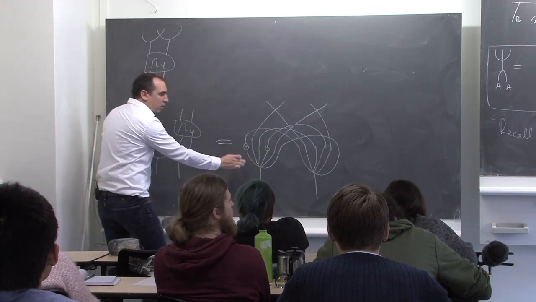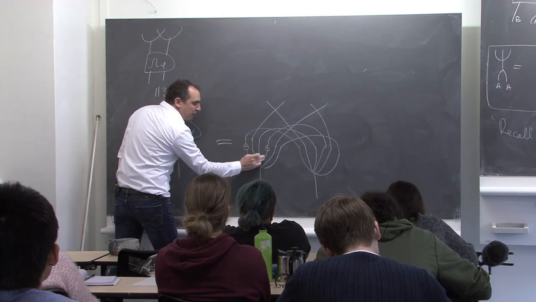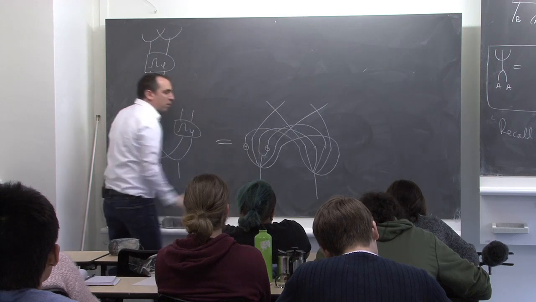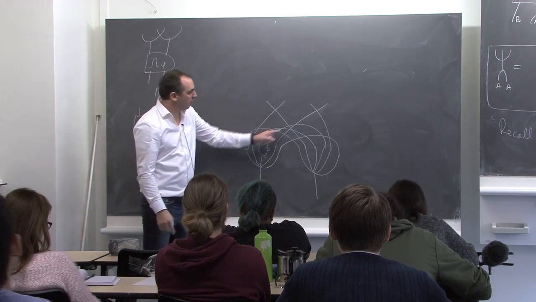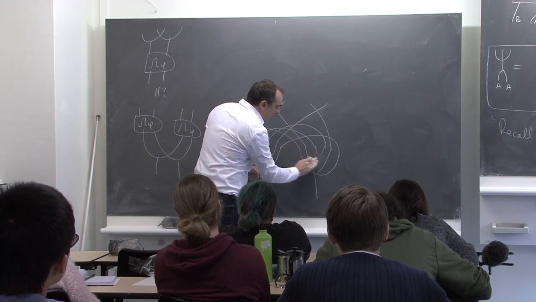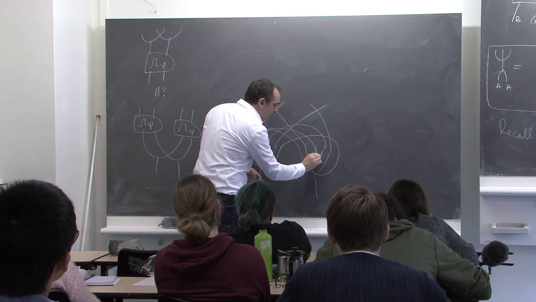Now I can use the co-associativity. So I can modify this like this. And again, these two branches I can modify like this.